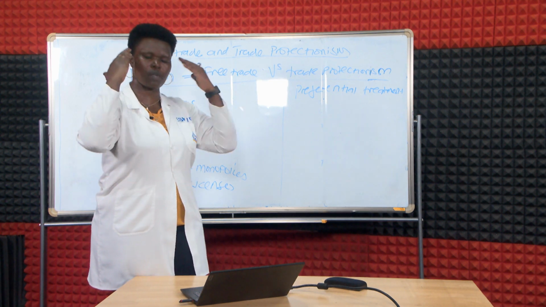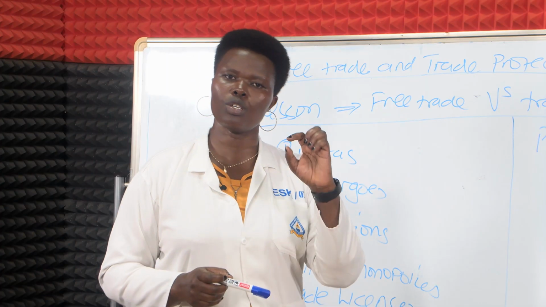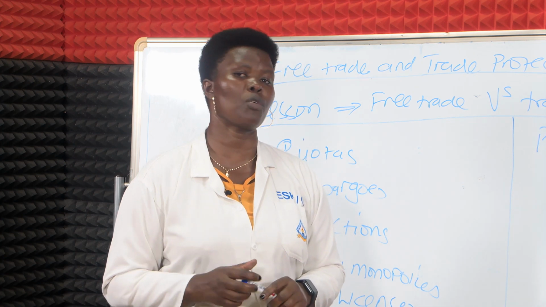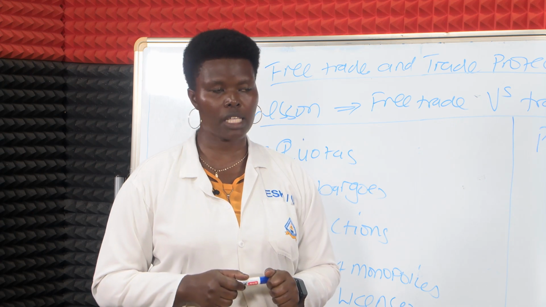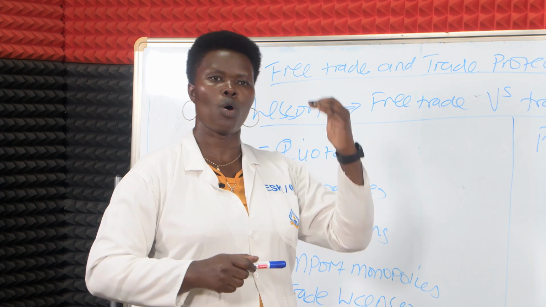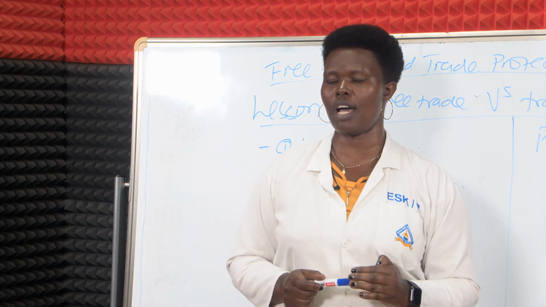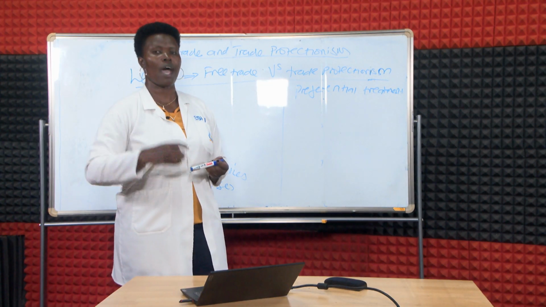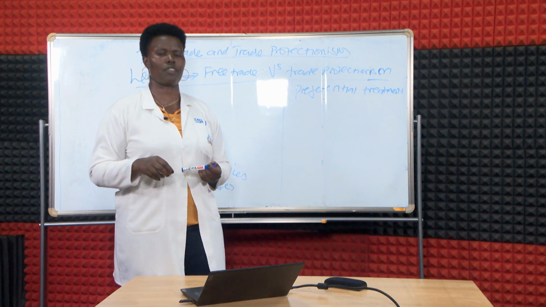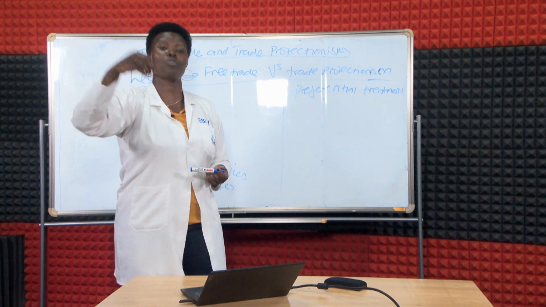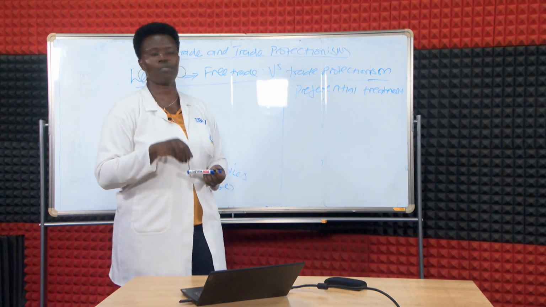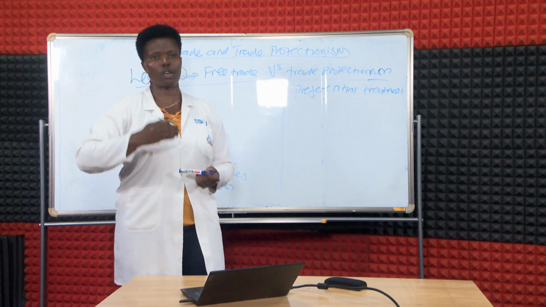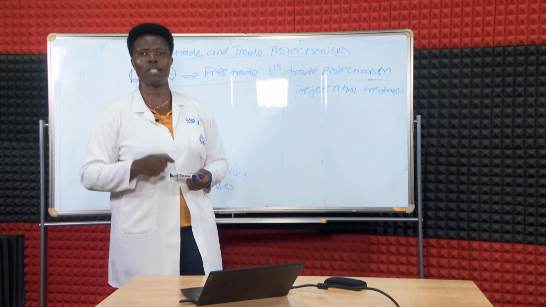What we have to first put in our mind is we are not all the time restricting imports. There comes a time when we need to also restrict exports, especially if what we have in the country is not enough. For example, if we are producing tea and tea in the country is not enough, then we shouldn't export it all and remain with nothing. Therefore, there should be a quota of what we should export so that the domestic population also remains with what to consume.